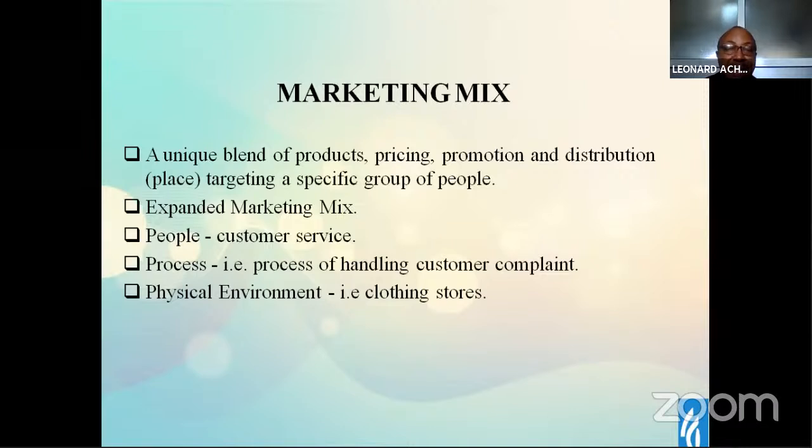The people are the buyers, they are your customers. They must be satisfied. You must listen to their complaints and handle their complaints appropriately. And then your business environment must be inviting, must be attractive. If you go to the banking halls or the banking premises, you can understand better what I'm saying. You ask me what product are they selling? But banks sell a lot of products. You know how many banks are here in Nigeria?